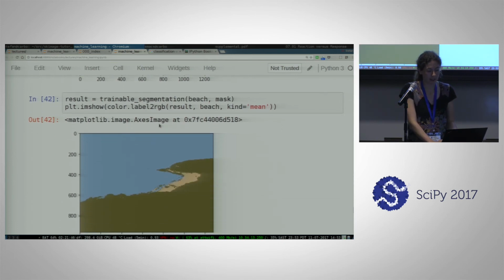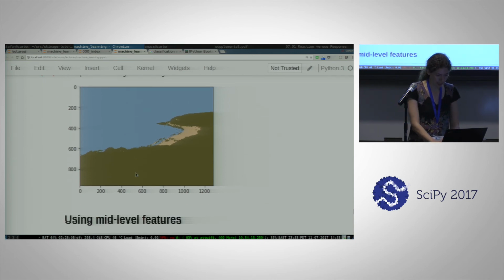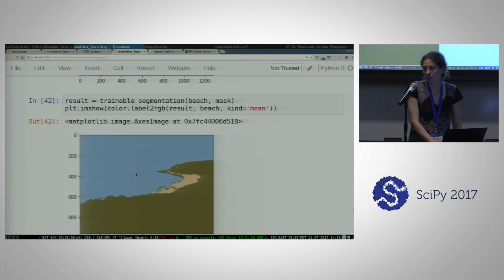I don't know if you're convinced by this kind of algorithm, but what's really nice is that you don't have to extract very specific features yourself. You can just say, okay, let's take all Gabor filters, and the random forest classifier will decide which ones are the most important. Any question on this example? I don't know if some of you are using ImageJ or Ilastik, for example.